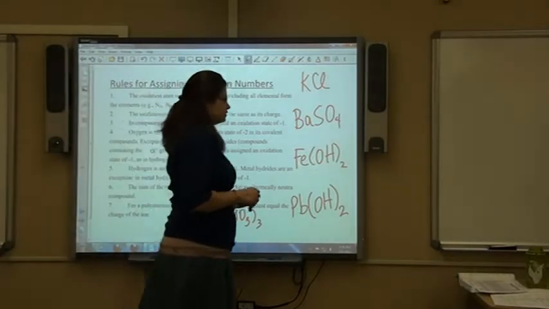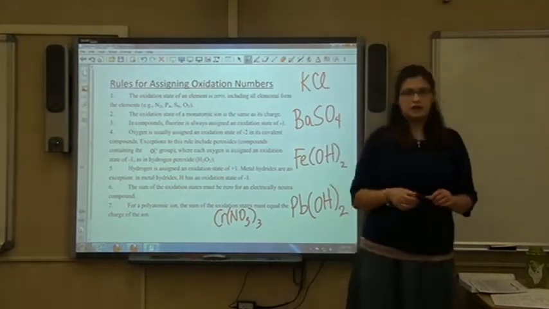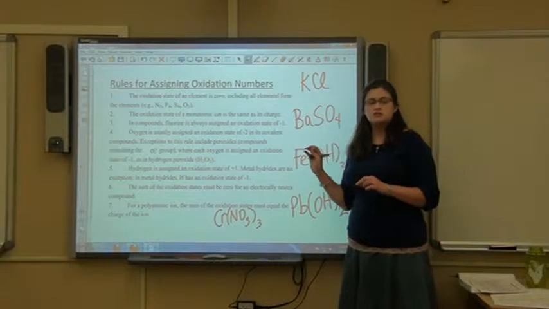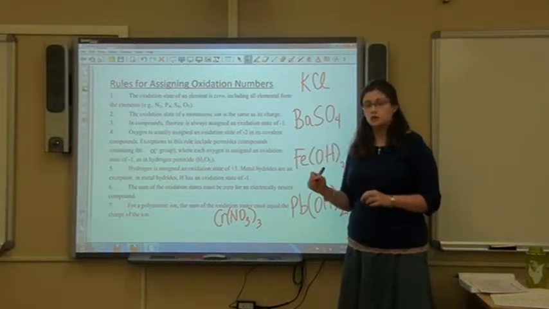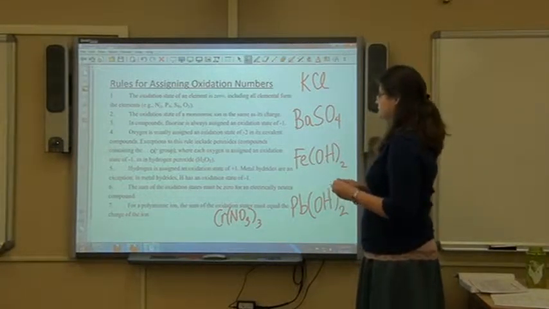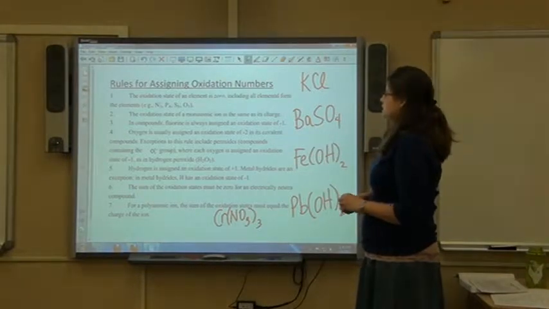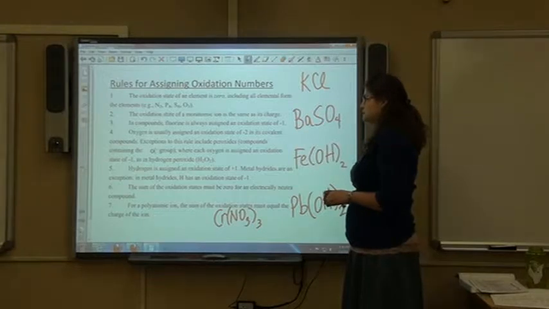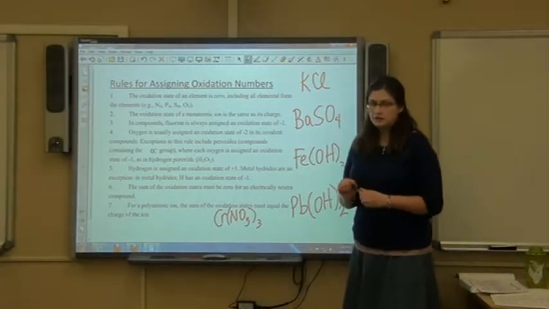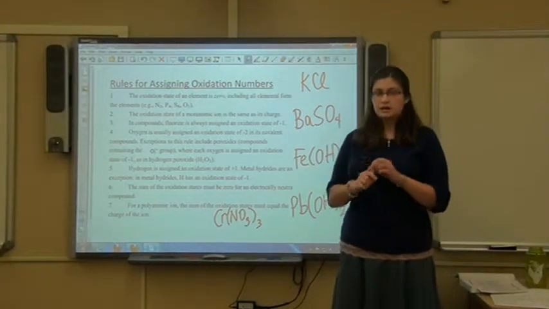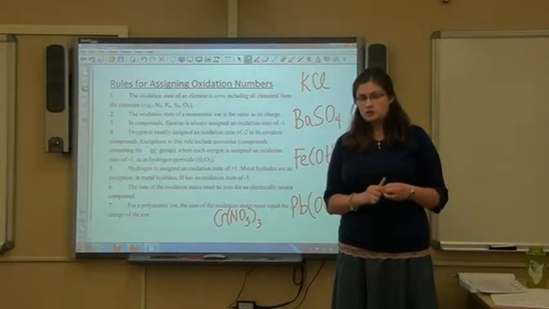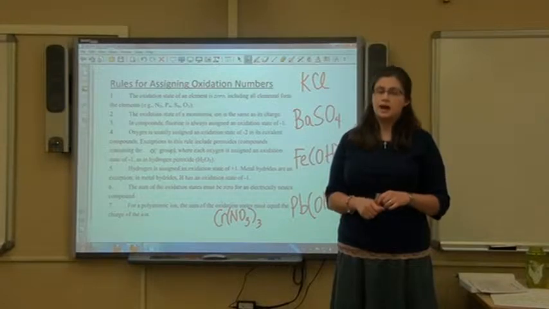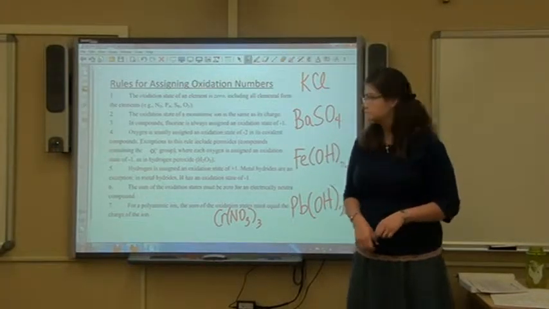Okay, so here is where we're going to learn about how to assign oxidation numbers. You can find this chart attached to the solubility rules on Canvas. Okay, so here are all the rules. The first rule states that the oxidation state of an element is 0, including all elemental forms of the element. In other words, whenever you see a compound and there's only one type of element in that compound, its oxidation number is 0.